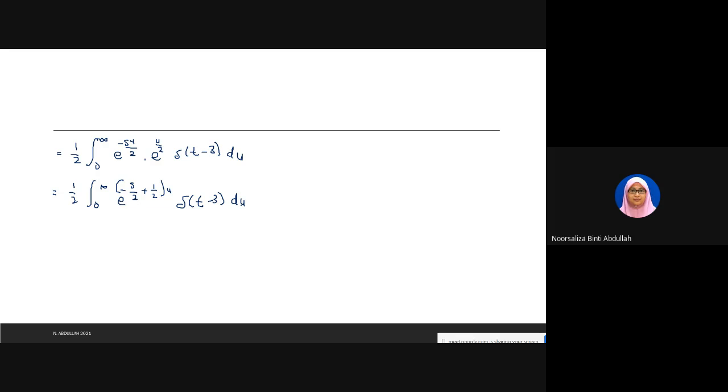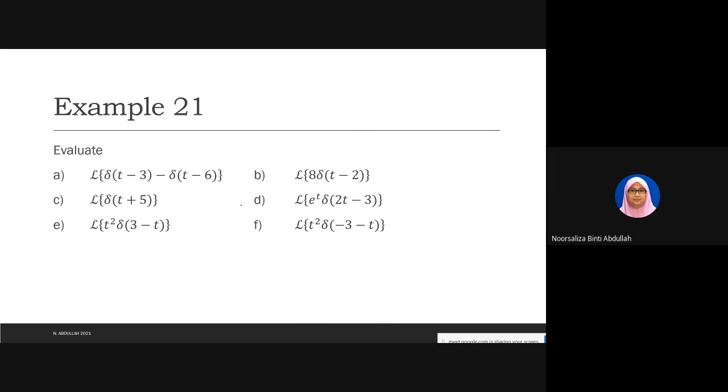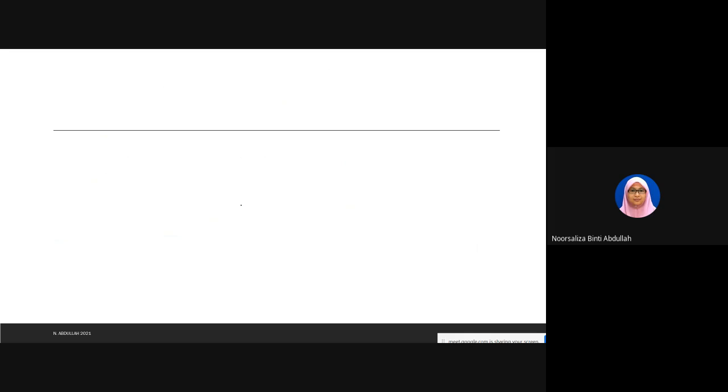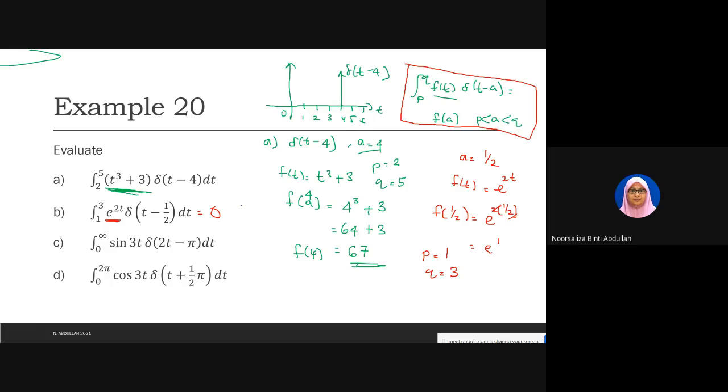This one, remember what we evaluated earlier? Integral from p to q of f(t) delta(t minus a) equals f(a). Your a must be between p and q.